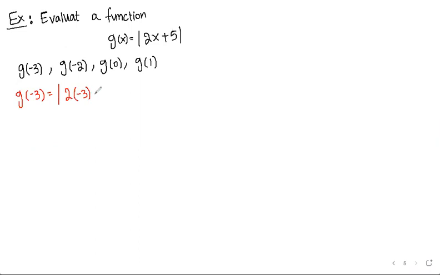So 2 times minus 3 plus 5. 2 times minus 3 is minus 6, plus 5. Minus 6 plus 5 is negative 1. And the absolute value of negative 1, like I said, is 1. Why? Because it's a negative number.